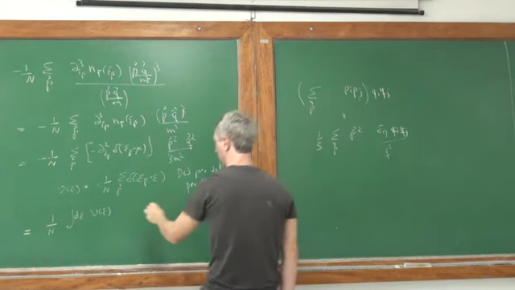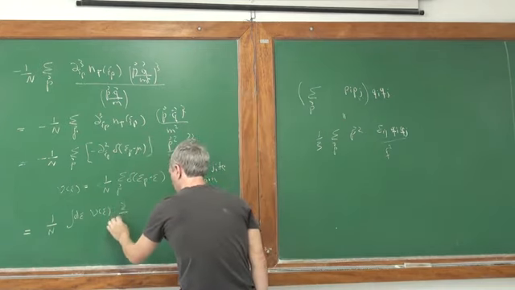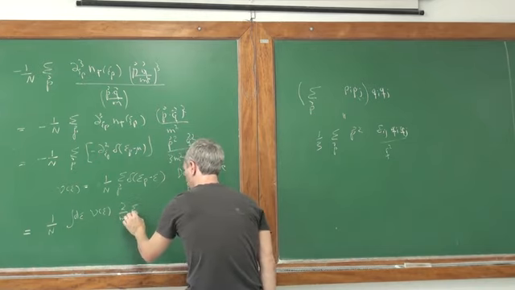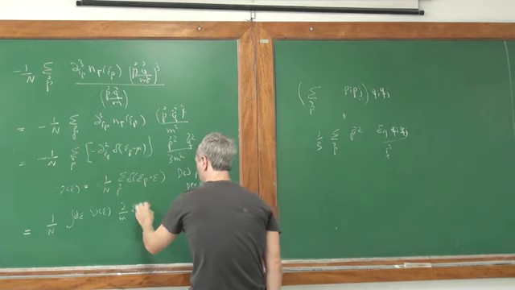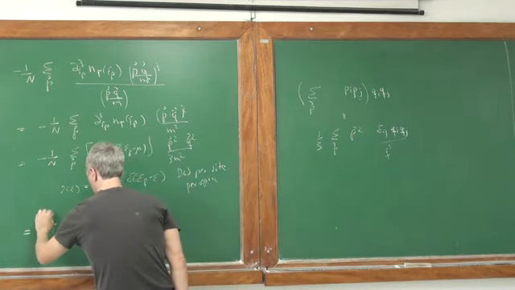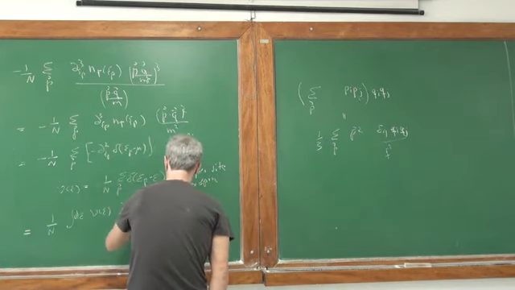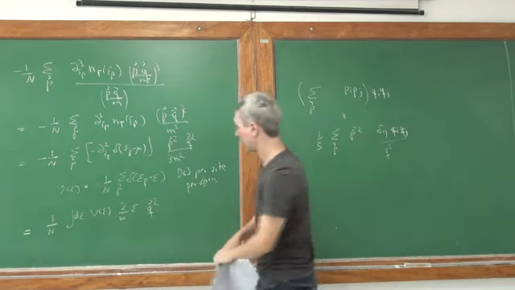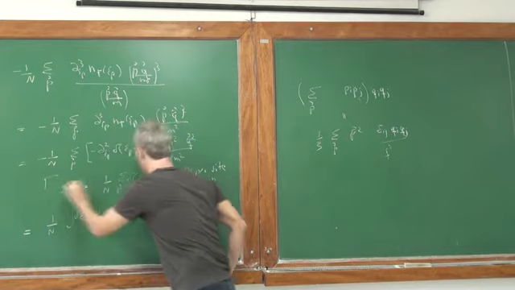This here is 2 divided by m times epsilon times q squared, so we can just pull the q squared out. This is after introducing the density of states.